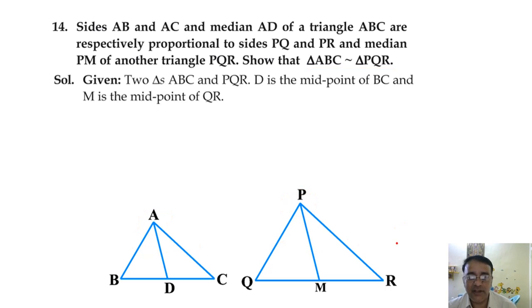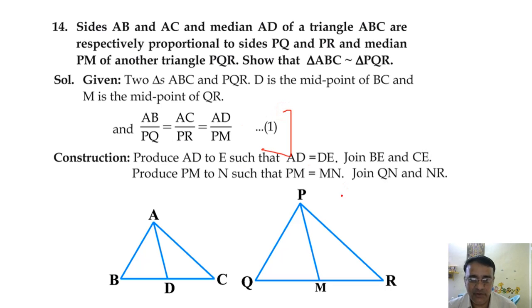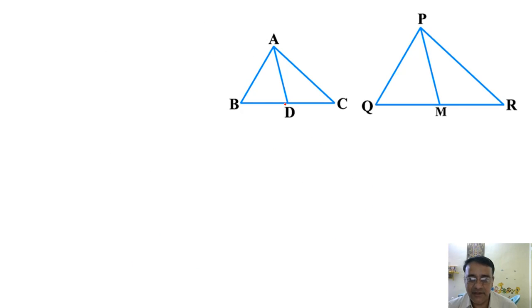ओके, इसके लिए हम लोग क्या करेंगे, सबसे पहले जो दिया हुआ उसको लिख लिए हम लोग. नाउ व्हाट वी विल डू सम कंस्ट्रक्शन. वी विल प्रोड्यूस AD टू E सच दैट AD इज इक्वल टू DE. ठीक है. एंड एक मिनट इसमें करते हैं. देखो AD को हम लोग प्रोड्यूस कर रहे हैं, ध्यान से देखो यहाँ तक. और B, ये पॉइंट E है.